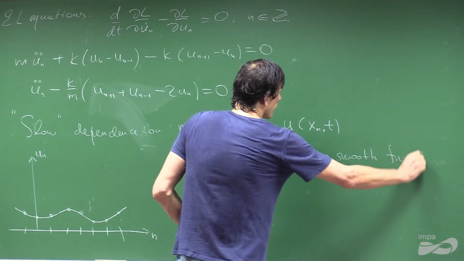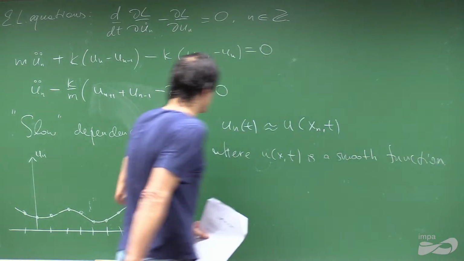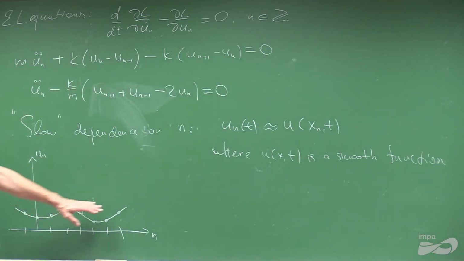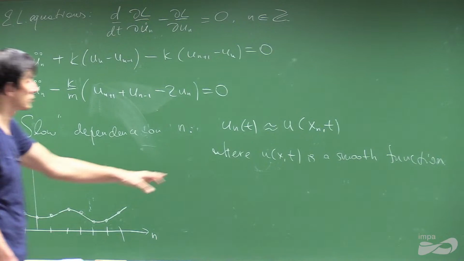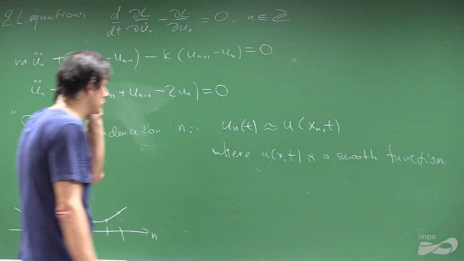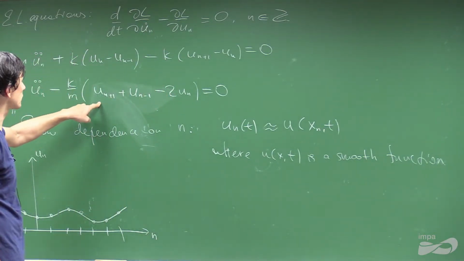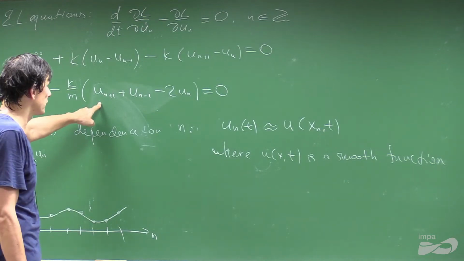So that's what it means: there is a slow and gradual change of the deviations of all masses along the system. They can be approximated by the smooth function. And if it's approximated by a smooth function, we can try to compute this term by Taylor expansion.